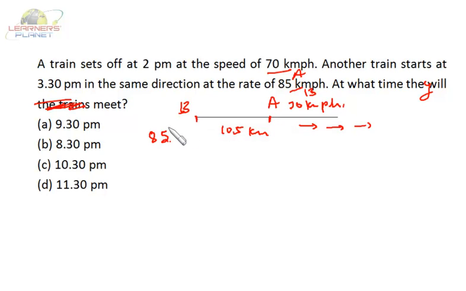Now let's understand over here. This train is running 70 km per hour and this train is running 85 km per hour. That means per hour this particular train is running 15 kilometers more than the other. So every hour the distance between these two trains will be lessened by 15 kilometers, that is 85 minus 70.